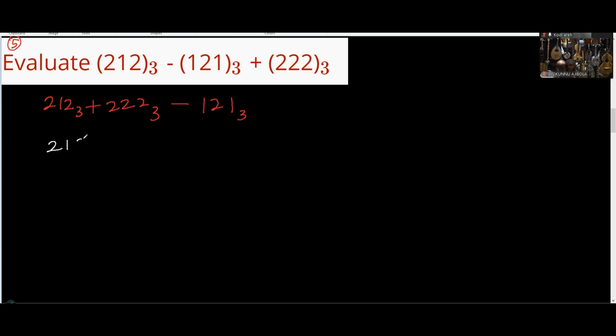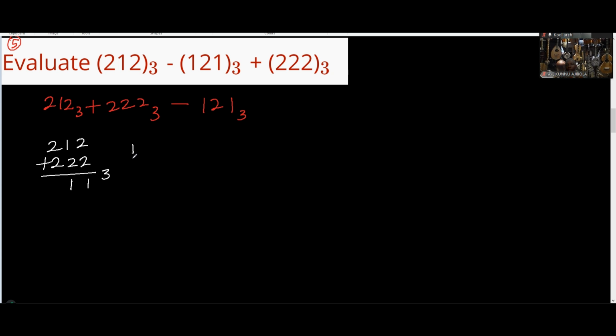So 212 and 222 base 3. 2 plus 2 is 4. Because it's greater than the base, how many 3 in 4? That's 1, remainder 1. Then 1 plus 2 is 3 plus 1, that is 4. Again, 1, remainder 1. Then 2 plus 2 is 4 plus 1 is 5. So how many 3?